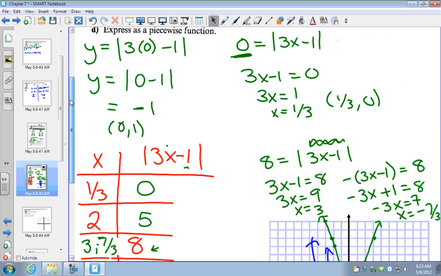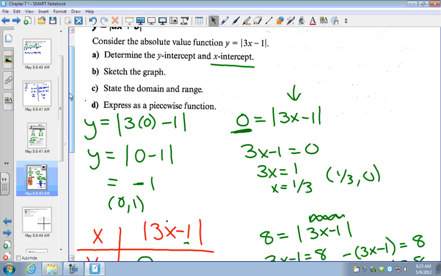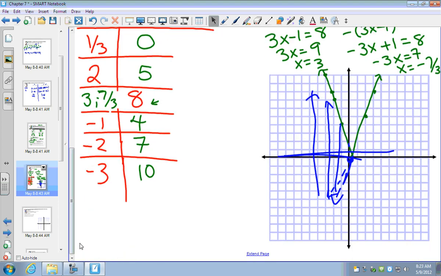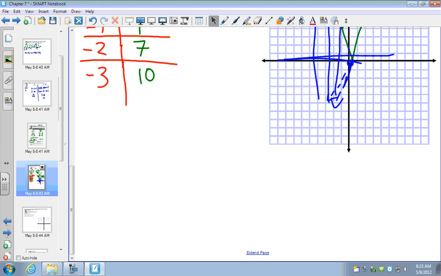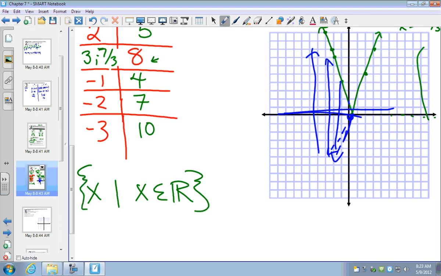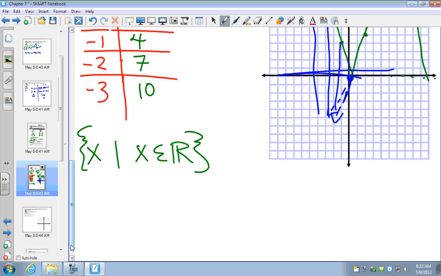Next question, it says, state the domain and range. Okay, so of this green graph, let's think about domain, all the x values. Well, I could put any x value in, and this graph would continue going. So my domain would be x, such that x is a member of the reals. So basically, I'm saying I could put any x value in. Okay, now let's look at the range. The range is more confusing.